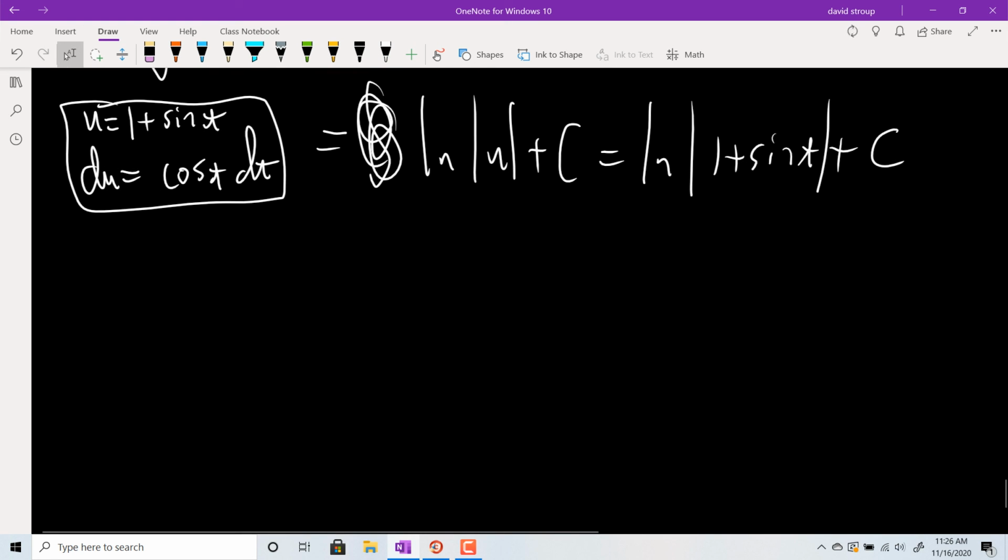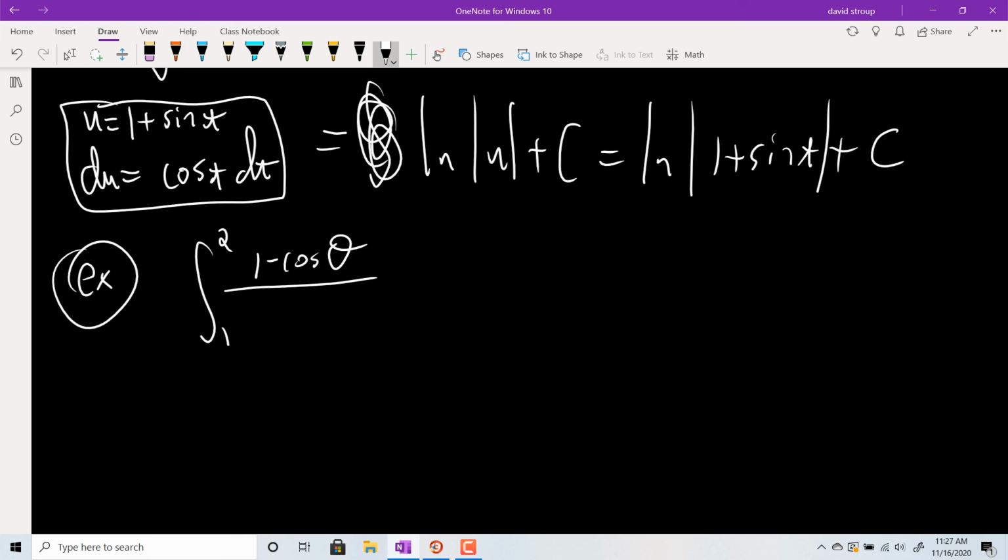Okay. Let's do one. Do I have one more? Yeah, let's do one more where we actually have to evaluate. Doesn't seem like I'm doing much evaluation here, so let's at least do one of those. Integral from 1 to 2 of 1 minus cosine theta all over theta minus sine of theta d theta. So again, you can see the numerator is basically just the derivative of the denominator.